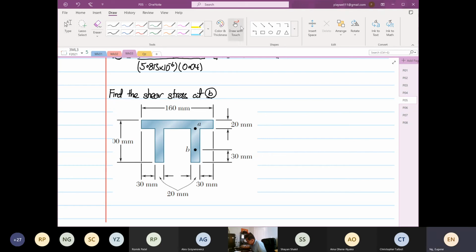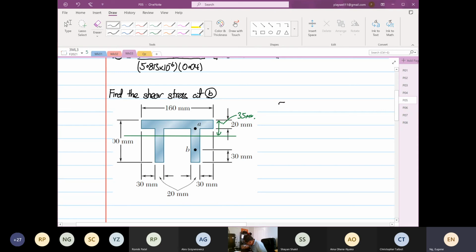Right, we are aware where the centroid is. Are you all seeing a delay? No, right? Okay. So we know the distance from here to here is 35 millimeters. So now we want to find the shear stress at point B.